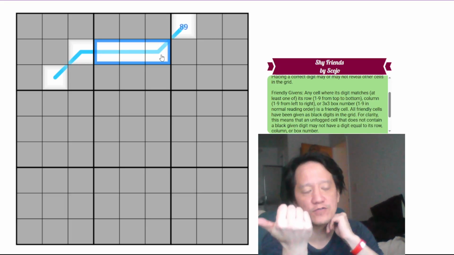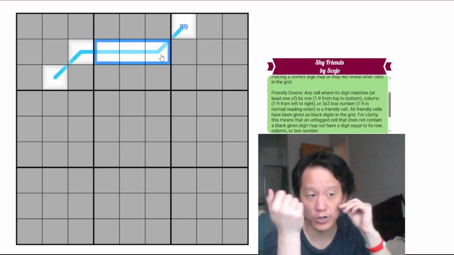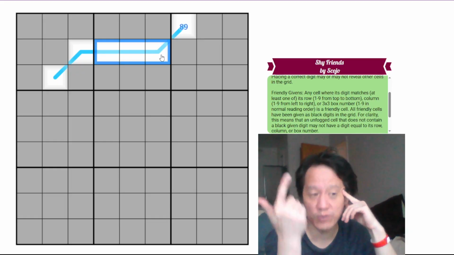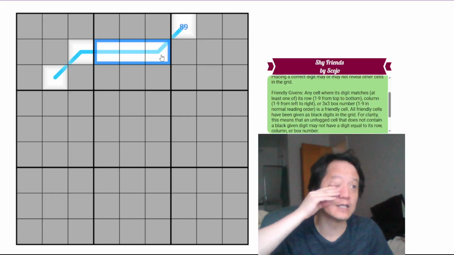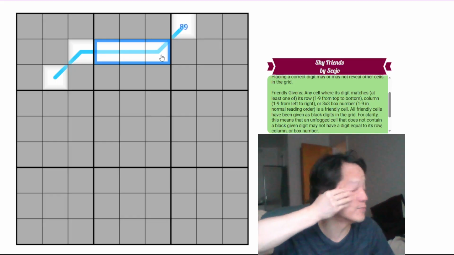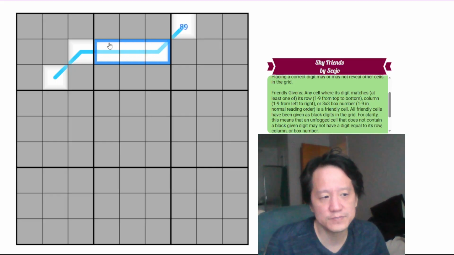You could have 1, 2, 5 or 1, 3, 4, adding up to 8. Or you could have 1, 2, 6, 1, 3, 5, or 2, 3, 4, adding up to 9. So obviously, you have to have 2 digits from 1, 2, and 3, at least, in these cells.